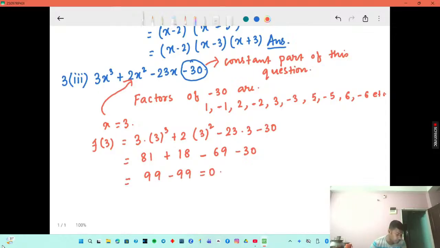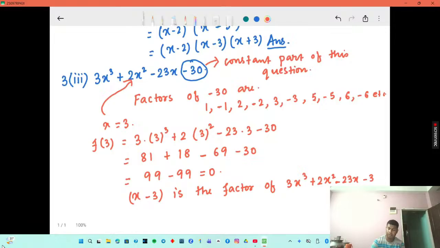So we can say that x minus 3 is a factor of 3x cube plus 2x square minus 23x minus 30.